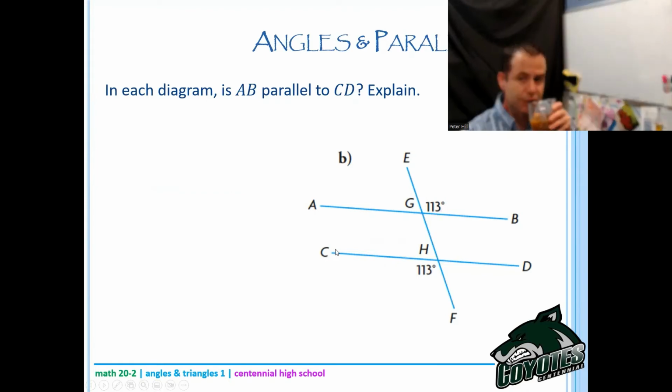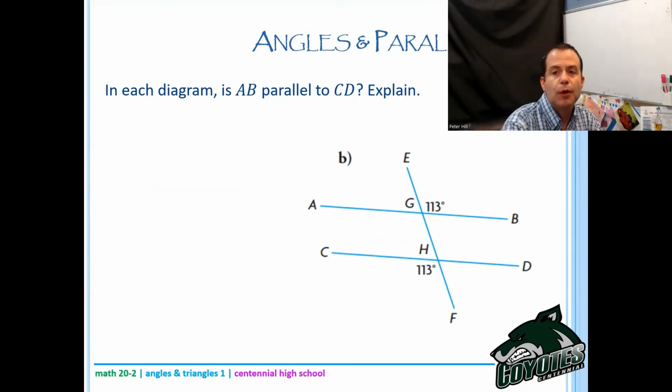Okay, so let's try this. Again, we're going to relate it to G and H. So if I know that 113 is sitting beside G, I can say, okay, well, G will be 180 minus 113, right? And then H, well, I know that this forms a straight line.